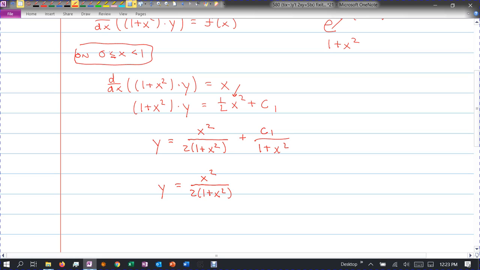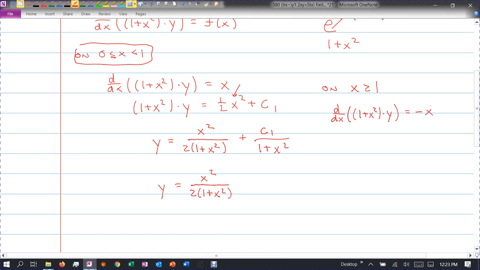Now let's look at what it would be on x bigger than or equal to 1. So on x bigger than or equal to 1, we get d dx of (1 plus x squared) times y must equal negative x, because that's what the piecewise function is over there.